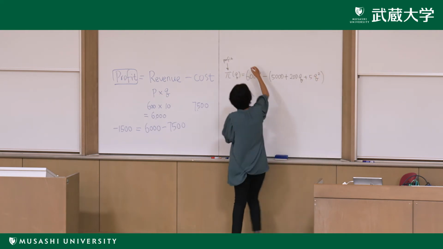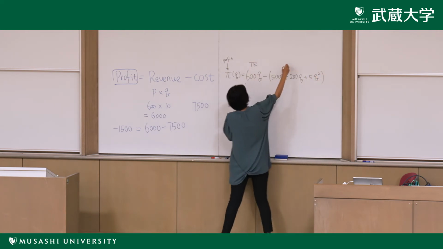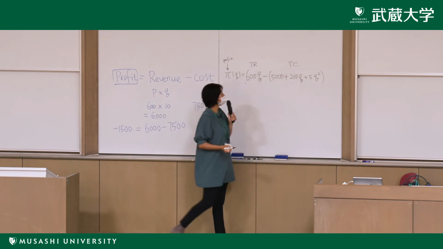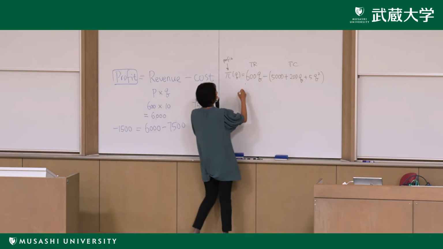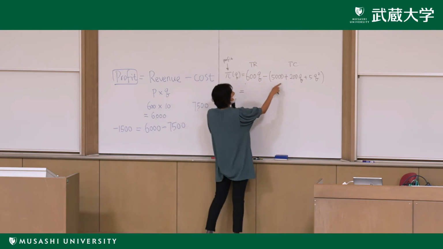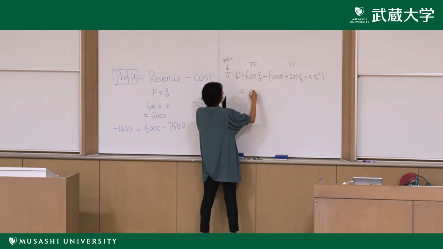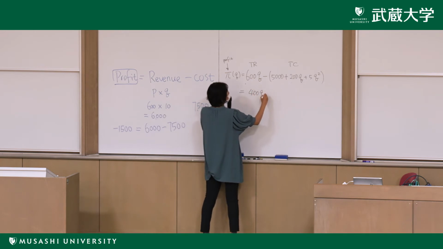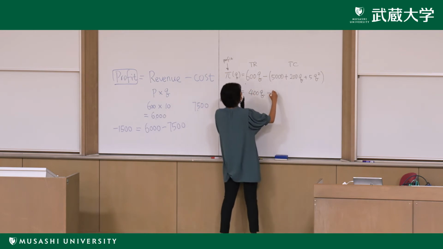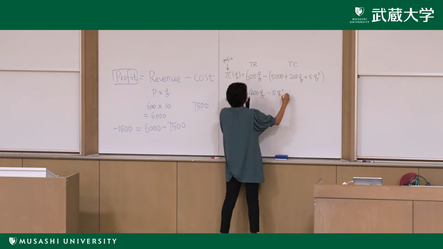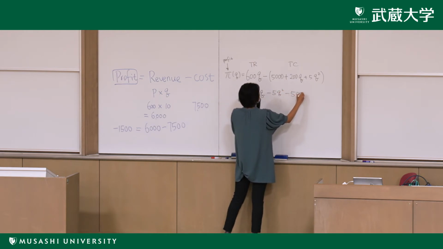Okay? So this is the total revenue, and this side is the total cost. So we're going to construct the profit function as a function of the output. In this case, we would have 400Q, right? And then minus 5Q squared and minus 5,000.